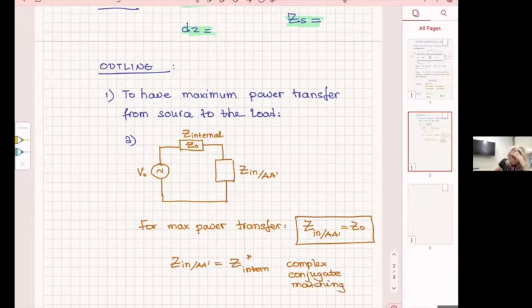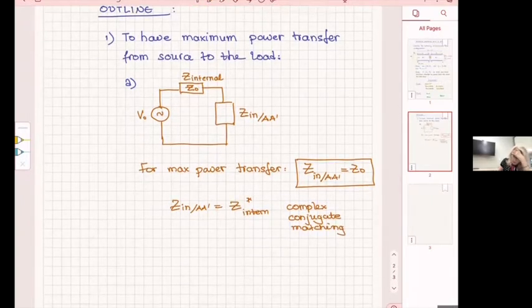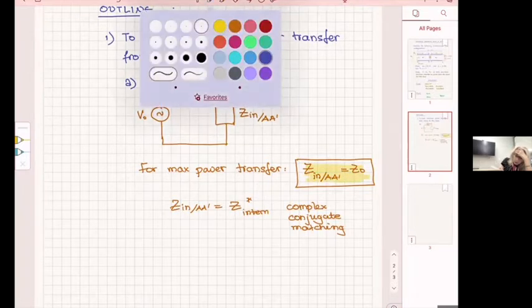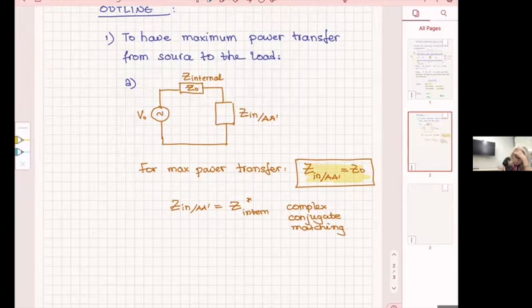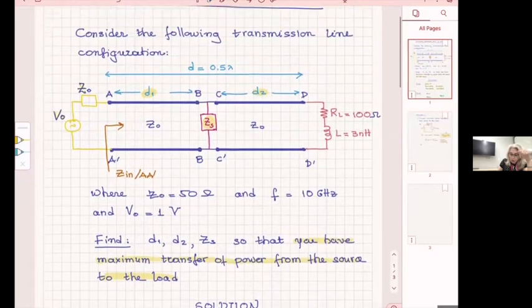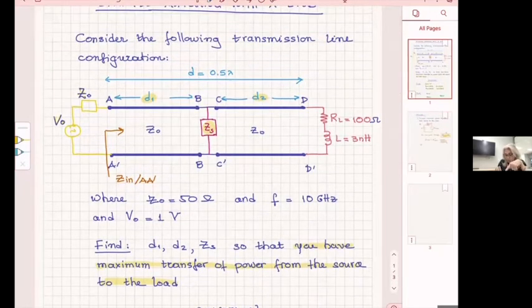Okay, so we need to make this happen. All right, what else is it that we need to make sure that we do to have maximum power transfer? After we do this, let's call this equation 1, all right? After we make this apply, what else should we make sure we don't do? That we do not add any resistive elements between the source and the load. Why is that?